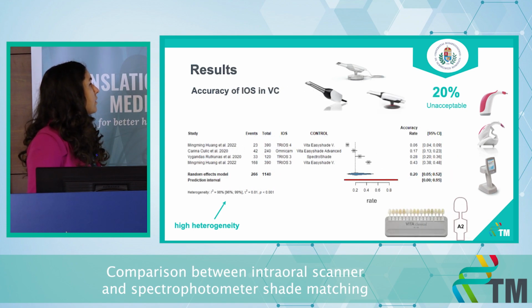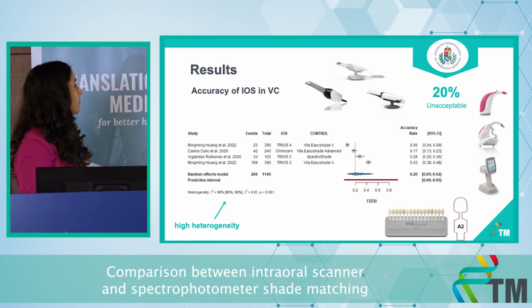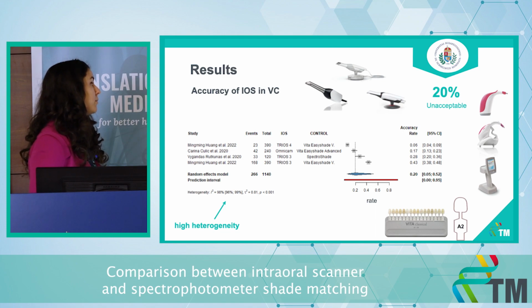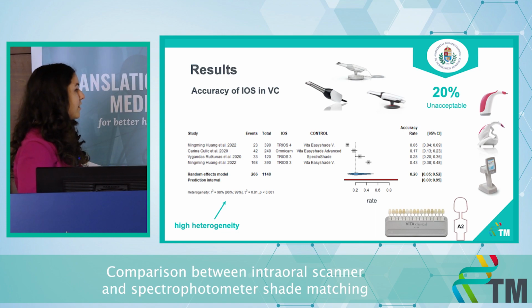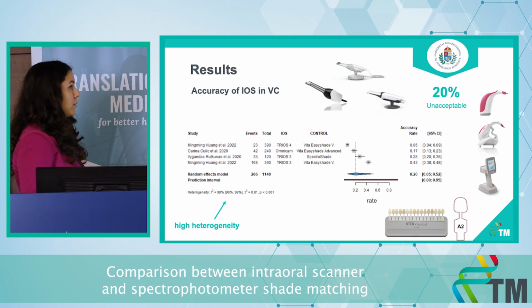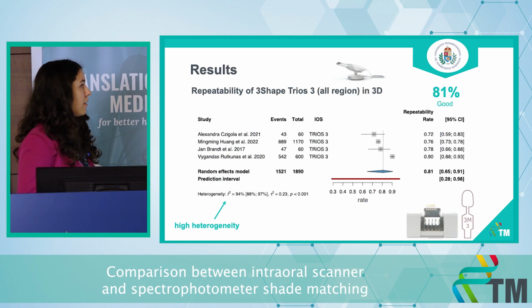In the second results part, also accuracy in percentages, we had different IOS now in this group, and it is visible in the percentage because we have poorer accuracy in this case. Here, for example, Trios 4 was one of the poorest scanners in this group, also causing an unacceptable accuracy for IOS.